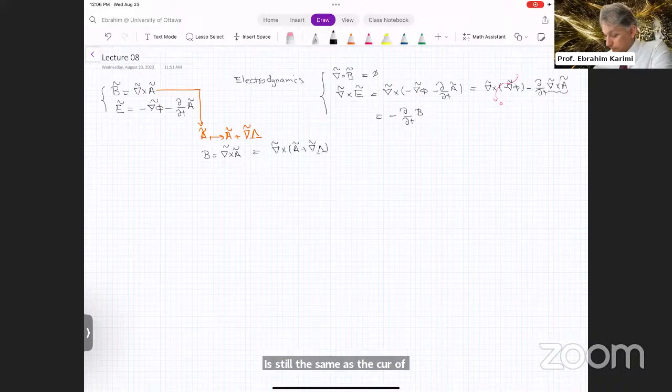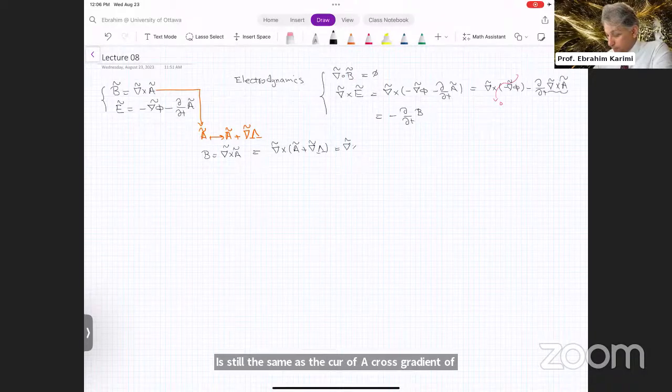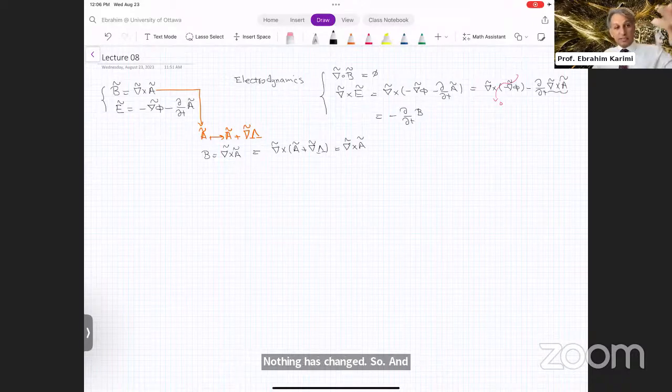Nothing has changed. That raises the question of whether A has a physical meaning or not, because you can change it by any gradient of lambda.